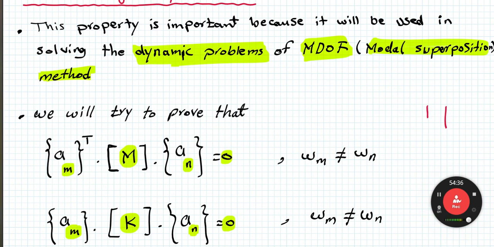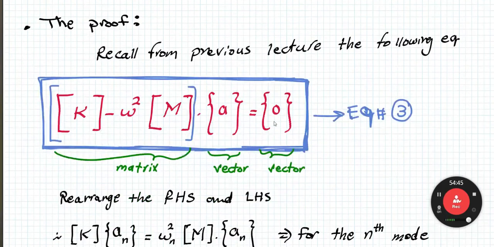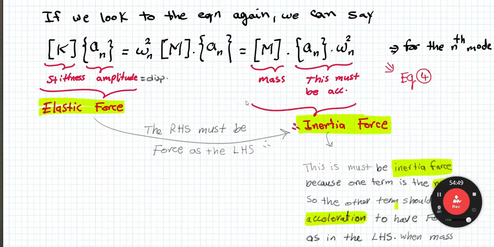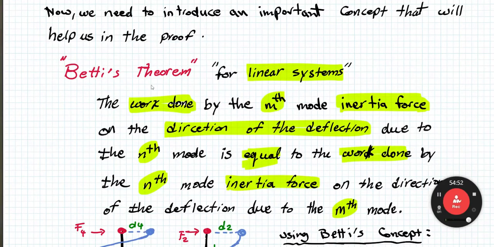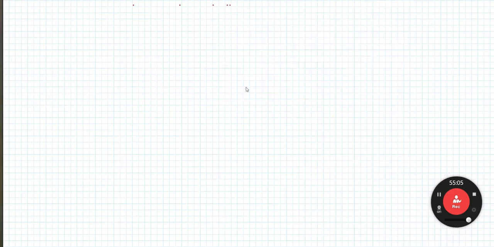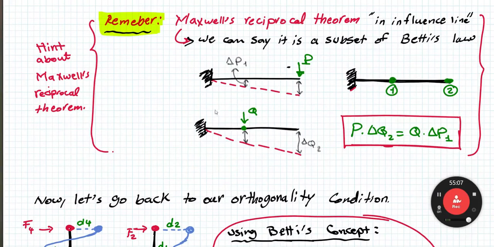That's the orthogonality condition, and it implies some ideas related to Betti's theorem, as I have mentioned before. Remember that we are talking about linear systems. Betti's theorem is related to linear systems, and I have given an illustration that gives you the meaning of Betti's theorem, and it is related to the Maxwell reciprocal theorem that we know from influence lines.